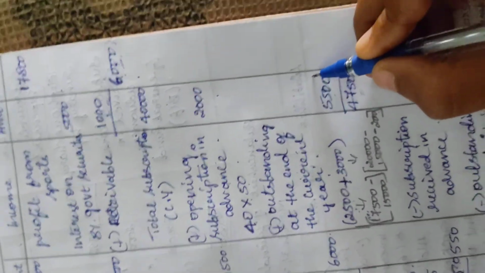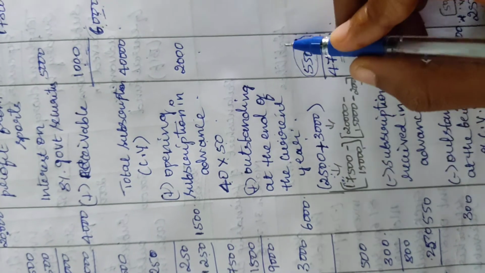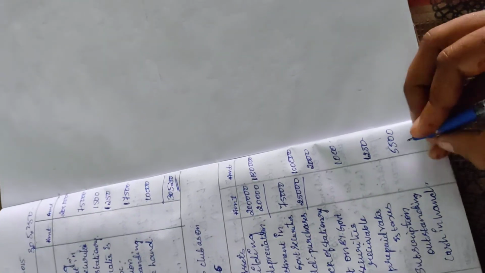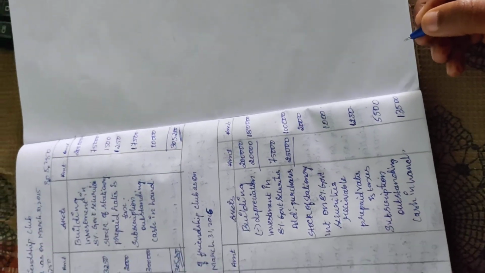I have clearly explained how this 5,500 came. We have written in pencil also, you can see. So this 5,500 we will be taking here. Next, do not forget to transfer cash in hand, which is in the payment side. The closing cash in hand is 13,500. So this is all about the asset side.